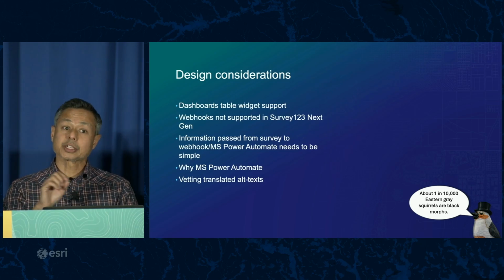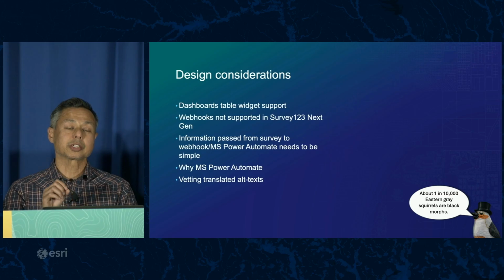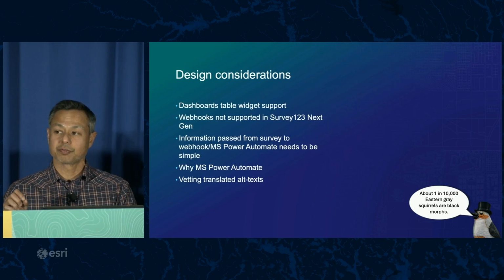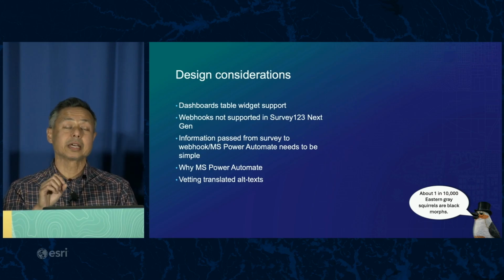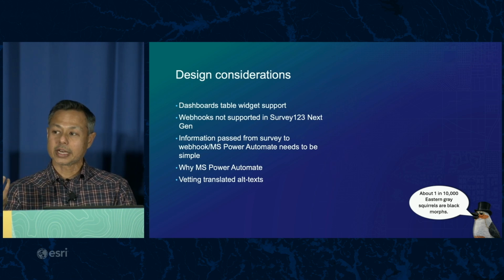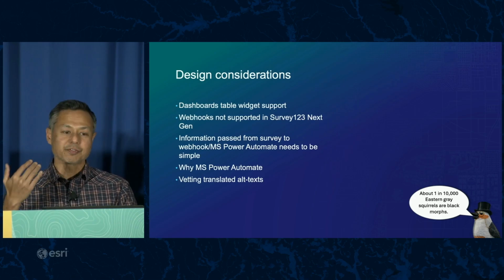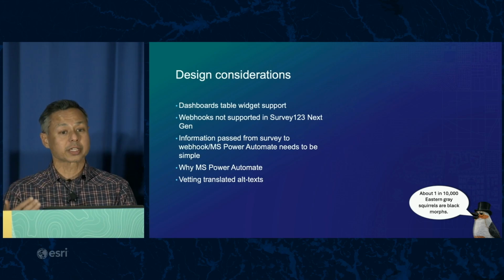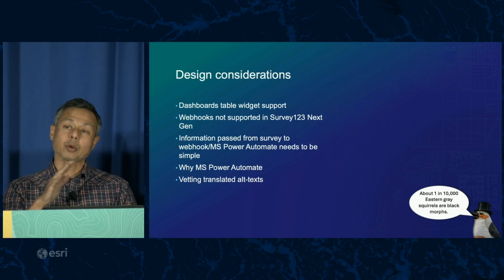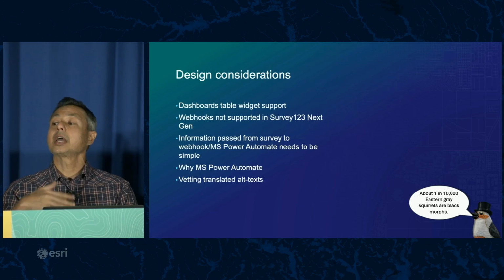With next generation, that is no longer supported. So we had to listen to the onCreate feature event that is emitted from the feature service itself. Switching to that capability allows us to still listen to any feature, or in this case, any squirrel that has been logged. So if we went from Survey123 legacy to next generation, it'll still work.